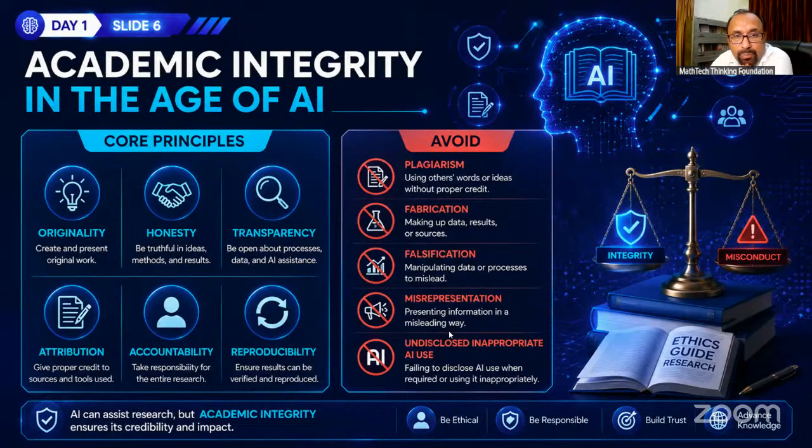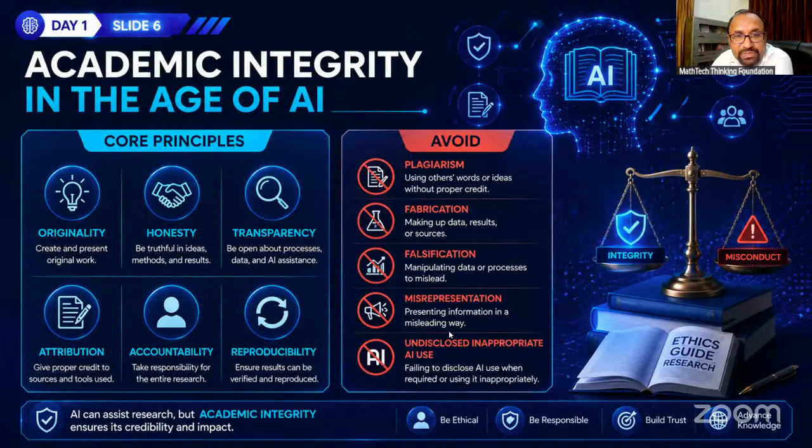If a researcher copies text from another researcher without attribution, that is plagiarism. But AI creates another possibility. A researcher may generate content through AI and present it as entirely their own intellectual work without following the applicable disclosure or attribution requirement.